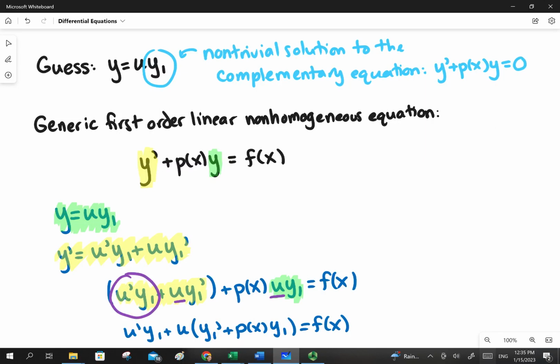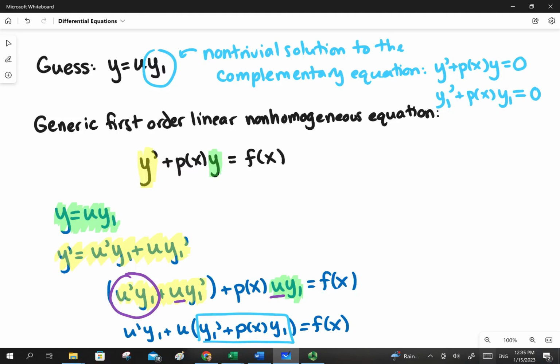Now we can see why it is important that y1 is a solution to the complementary equation. y1 being a solution to the complementary equation means that y1 satisfies y prime plus p of x y equals 0. So y1 prime plus p of x y1 has to equal 0. But we have exactly that expression on the left-hand side of our equation.